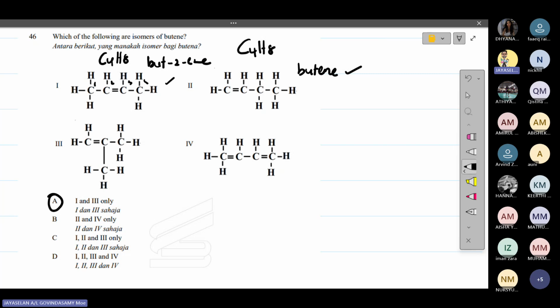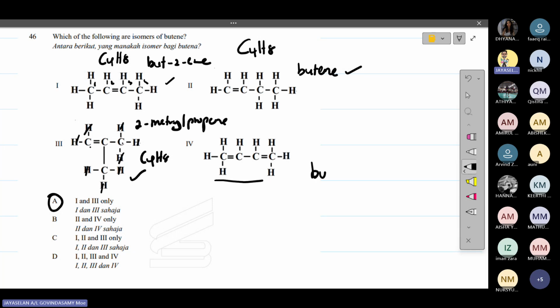So 1 and 2. Okay, C4H8? This one, 1, 2, 3. So this is called 2-methylpropene. Propene, tetapi dia punya molecular formula C4H8. Okay, tengok 1, 2, 3, 4, 5, 6, 7, 8. So ini pun terimalah.